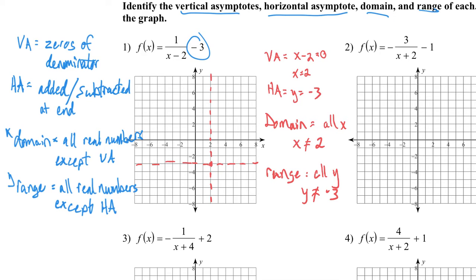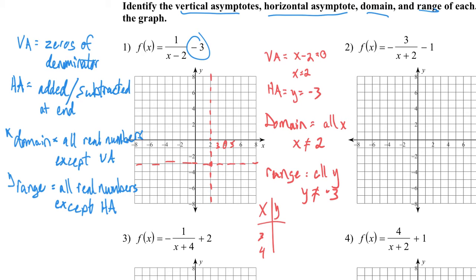So now we need to get a few points and get our graph. To get our points, what I would do is plug in numbers that are right next to the vertical asymptote. So I'm going to plug in 3, 4, and 5. If I make a little XY table, we'll start with 3 and 4.